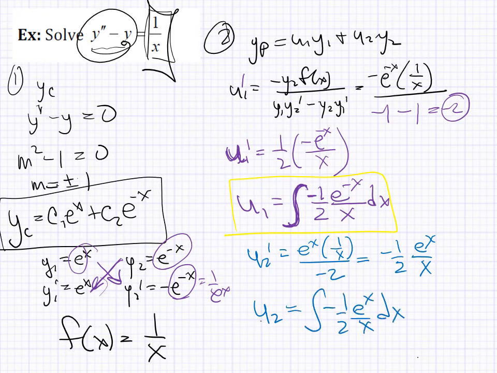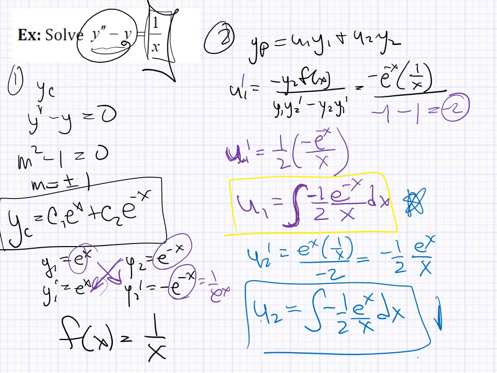You might say, oh, integration by parts is the way to go. But integration by parts doesn't work because we're dividing by the x. If it was x e to the x, yes. But no, not in this case. So again, not an integral we can do with elementary functions that we've worked with. So this is u1 and this is u2, and that's the best we can do here.